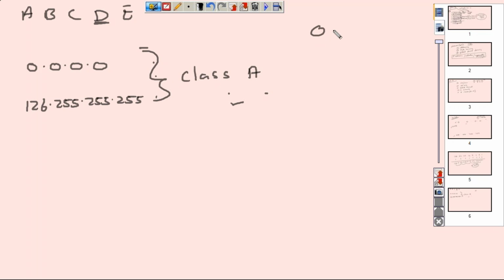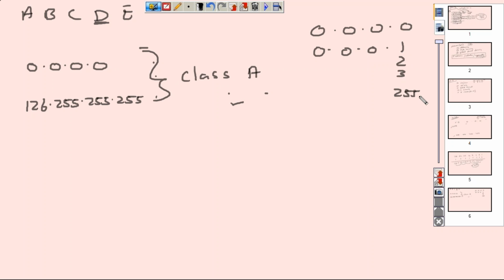See, if you look at it, we started our IP address from 0.0.0.0, right? What would be the next possible address? 0.0.0.1. Exactly, 2, 3, all the way until you reach 255. Then what happens?